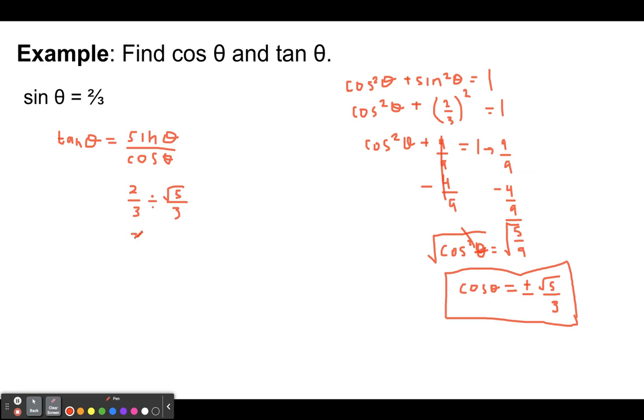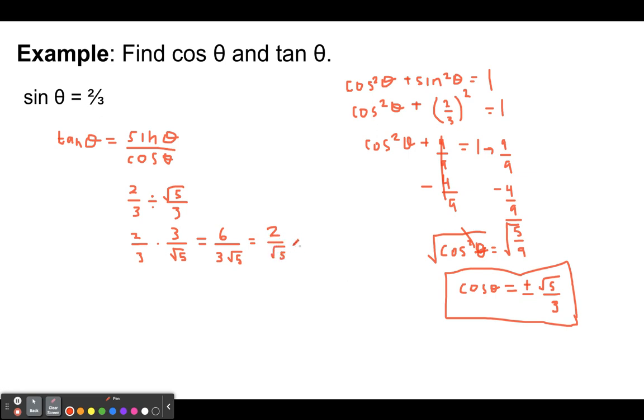And then again, we can change that into multiplication and then just flip the second term. So 3 over square root of 5. And then here we end up getting 2 times 3, which is 6 over 3 root 5. And that is equal to 2 over the square root of 5.